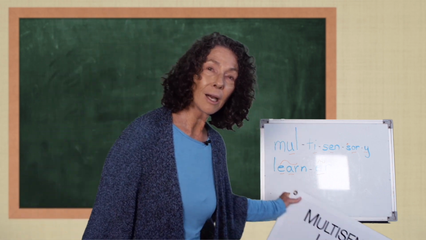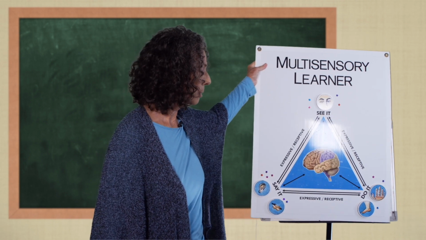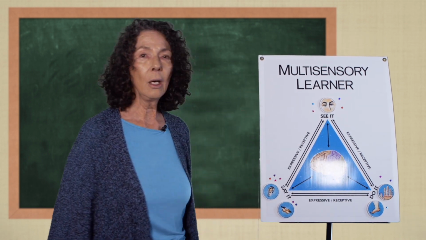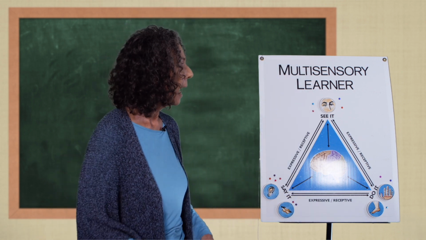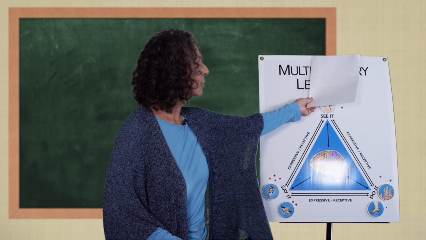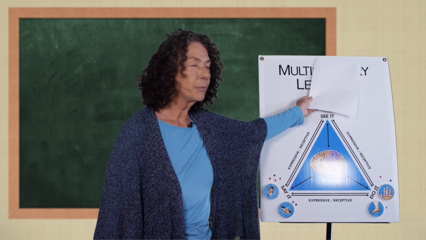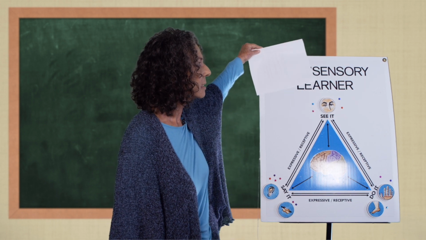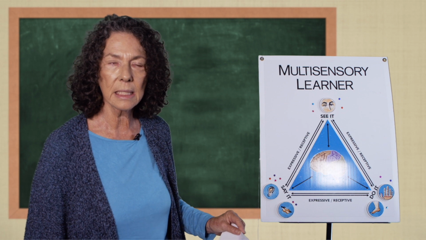Let's look at our original multisensory learner. Oh, if I did this by morphology, I would know that the first part, multi, means many. The second part, sensory, means having to do with our senses.